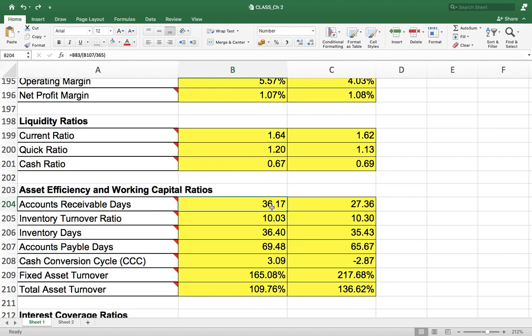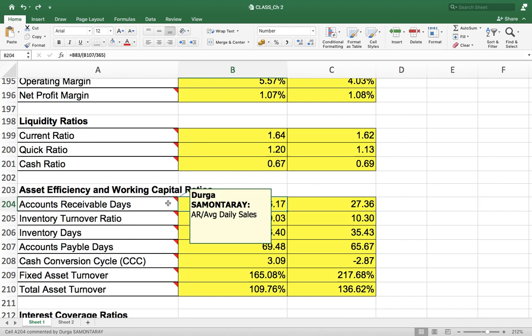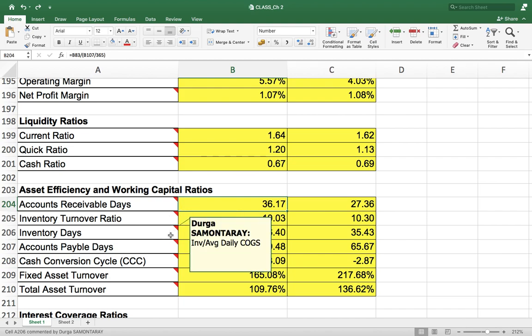Now, accounts receivable days. Accounts receivable days is equal to accounts receivable divided by average daily sales. Inventory turnover ratio is equal to cost of goods sold divided by inventory. Inventory days is equal to inventory divided by average daily cost of goods sold.